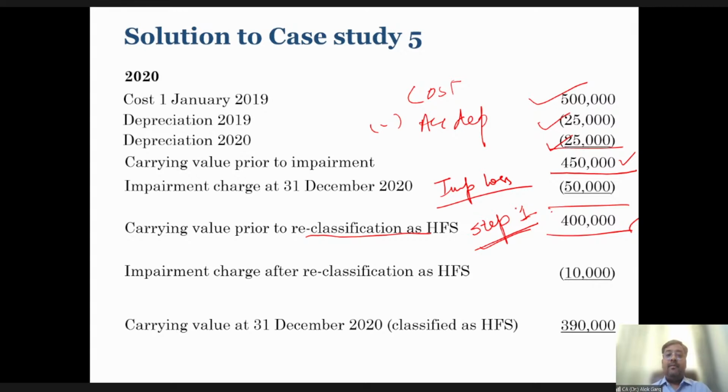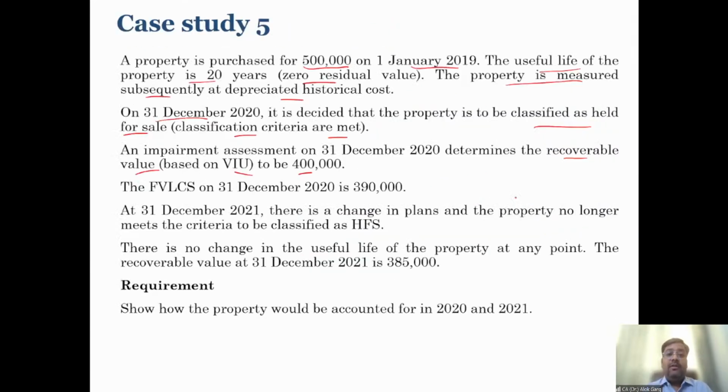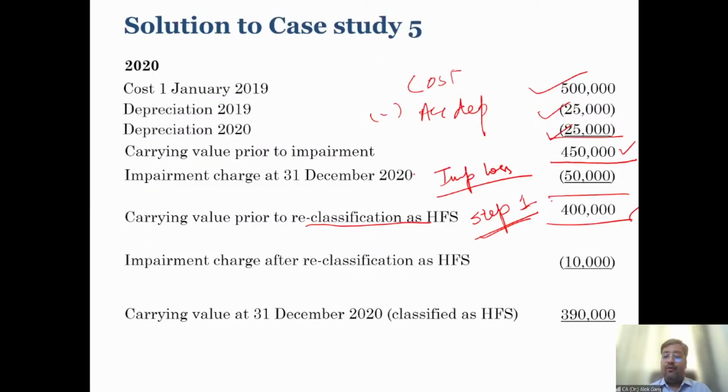Now, the fair value less cost to sell on 31st December 20 is also given. What is your step number 2? Your step number 2, 3,90,000, is your fair value less cost to sell. It means you have to recognize this NCA HFS at lower of step 1 and step 2, 4 lakh and 3,90,000, which is 3,90,000.